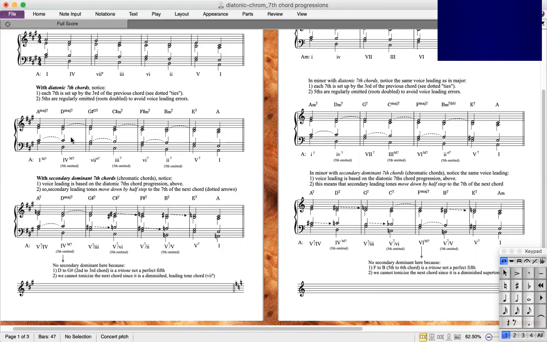So the next chord, the seventh becomes the third, and the third becomes the seventh of the next chord. And so you can see with the dotted lines where the seventh moves, so the third moves to the seventh, right? So those are pointed out. Those are common tones when we have this diatonic progression.